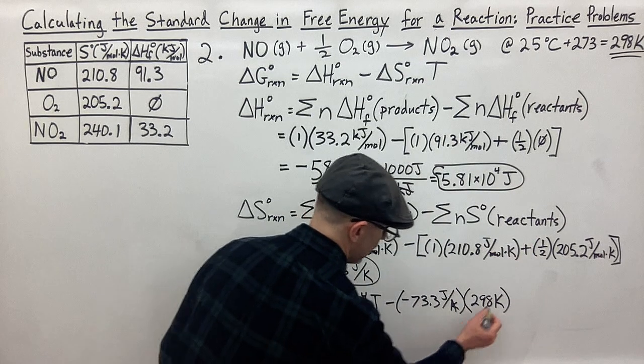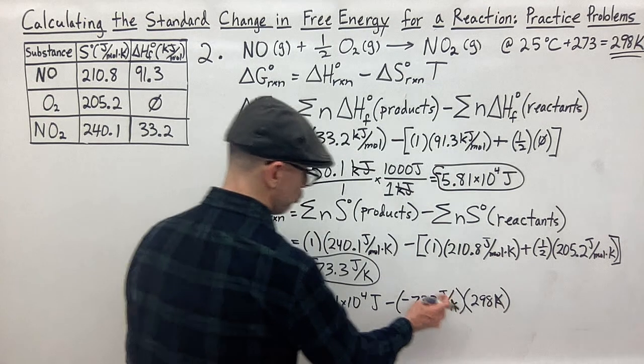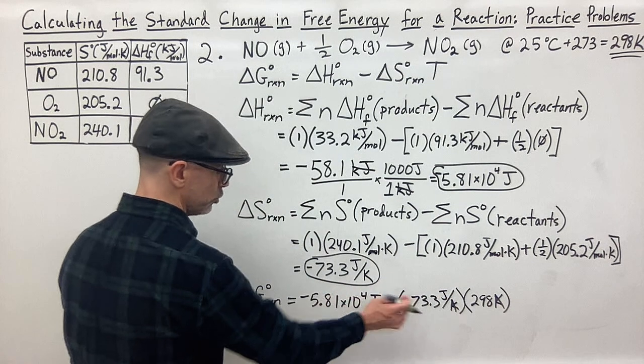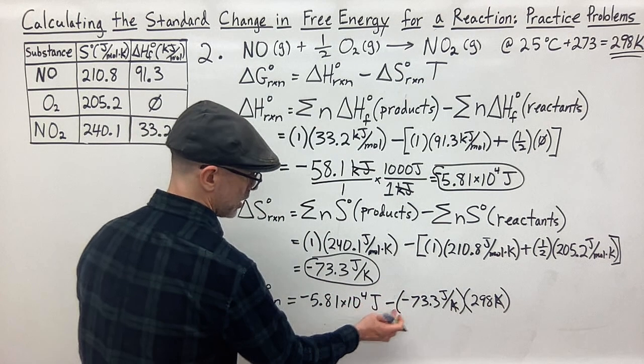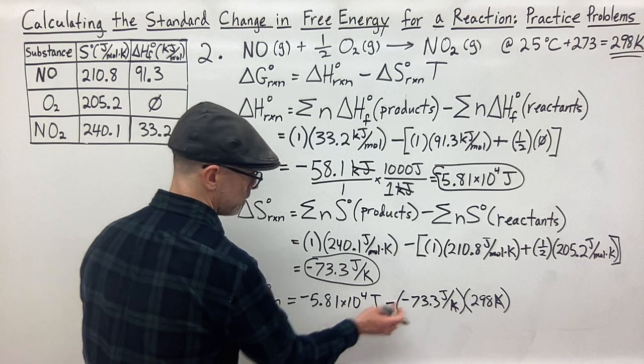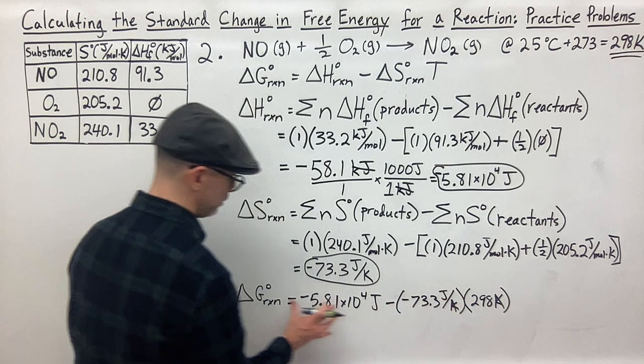So Kelvin cancels out, and I have joules left. I'm subtracting joules from joules, or in this case, adding, because a negative times a negative is a positive. So I'm adding a positive to a negative.